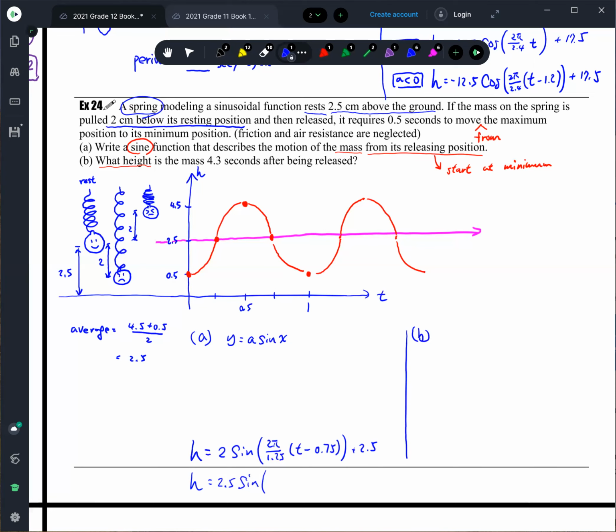So it'd be like minus 0.25. So t minus 0.25. Yeah.